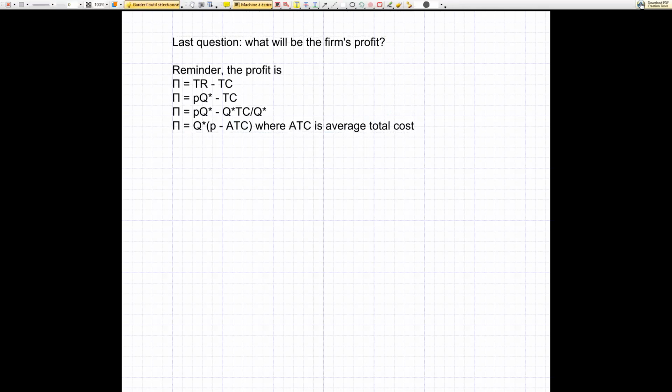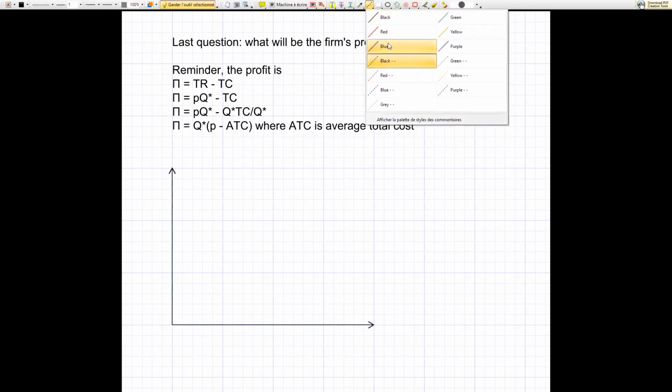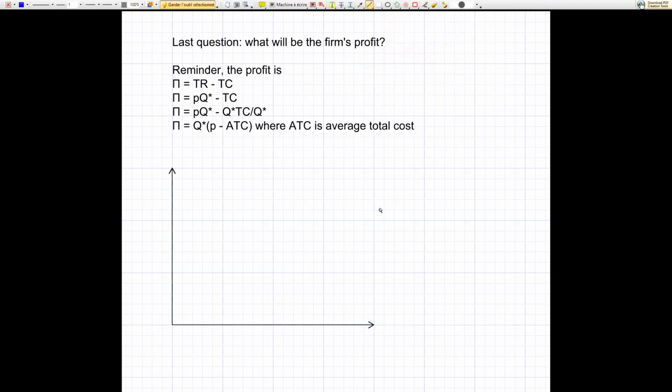So what does that look like? Let me try it real quick. So let's be optimistic. Let's say we have positive profits. So we have quite a high price.